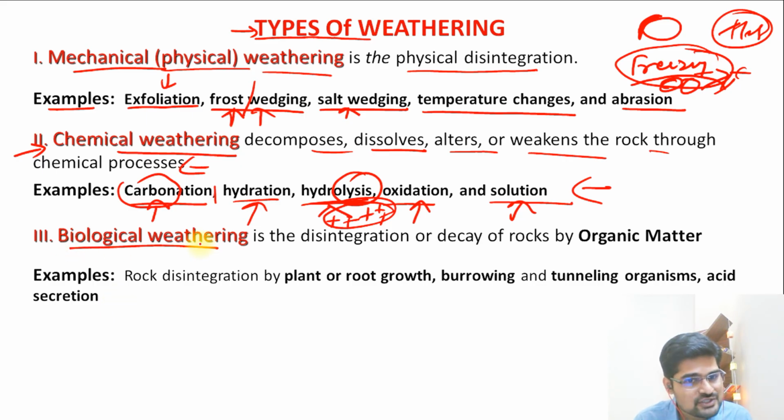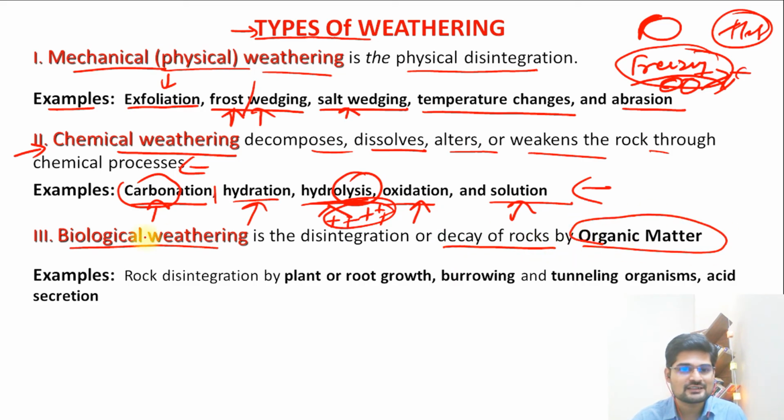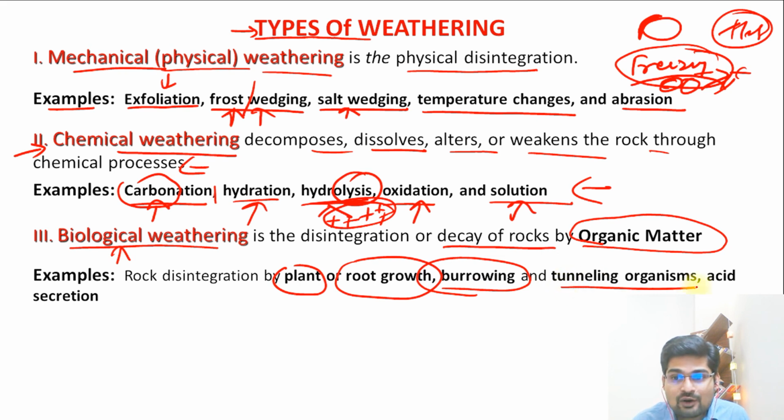Then we have biological weathering, that is the third type of weathering, and it is related to the decaying of rocks by organic matter. That's why it is biological. Here organic matter is important, and rock disintegration by plant or root growth, burrowing animals, tunneling organisms, acidic secretion, all these things are important in biological weathering.